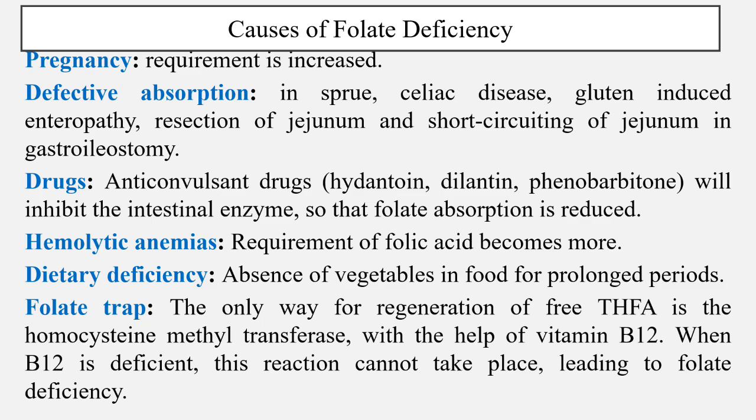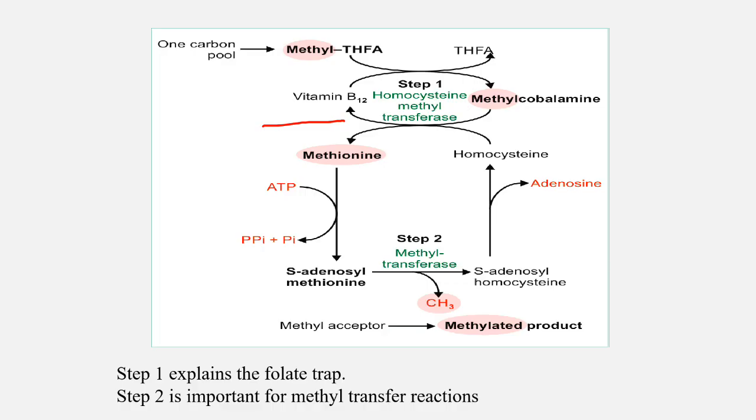Folate trap. Here we already discussed that the only way of regeneration of free tetrahydrofolic acid, or tetrahydrofolate, is homocysteine methyltransferase with the help of B12. When B12 is deficient, this reaction cannot take place, leading to folate deficiency. Here you can see the free tetrahydrofolic acid, which is combined with methyl to form methyl tetrahydrofolic acid.